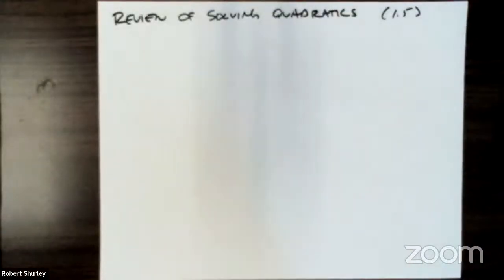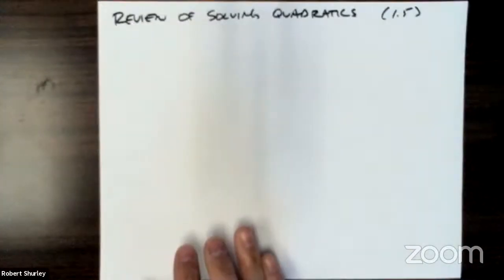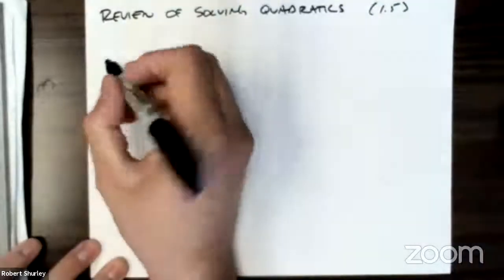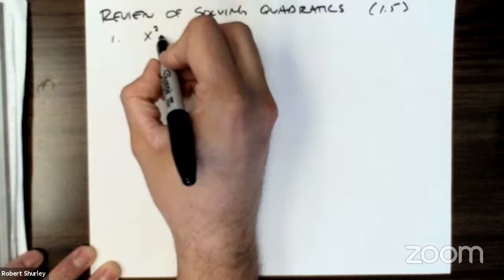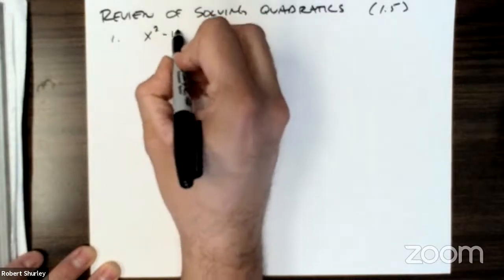Okay, so let me move over to my document camera. There we go. I want you to solve these 3 by factoring. The first one, let's say we've got x squared minus 13x plus 36 equals 0. I'm stealing these from the evens in the homework.